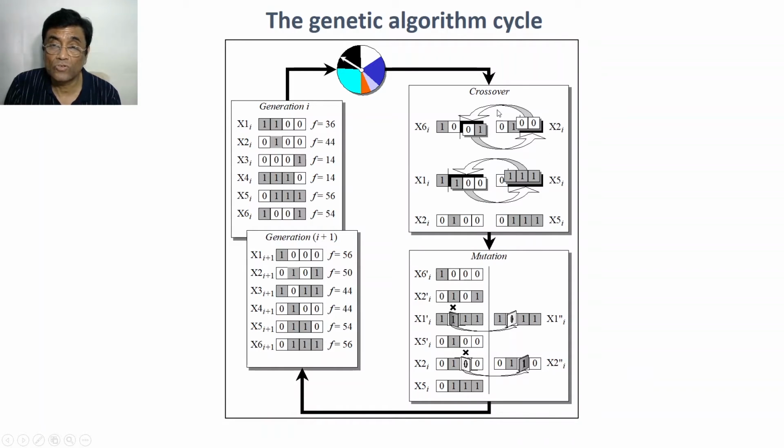Okay, crossover and cloning. But please remember, the total number of chromosomes, as I told you earlier, has to be the same. 6 again. Okay, 1, 2, 3, 4, 5, 6. And then you should continue and again check the fitness value.